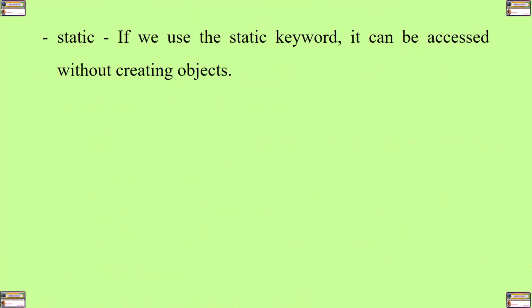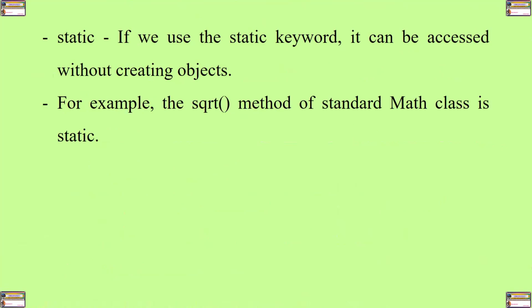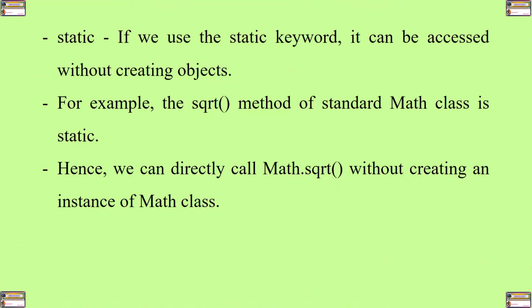Static simply means that if you use the keyword static, the method can be accessed without creating objects. Or that method will be accessible without the need to pass through objects. For example, the square root method of the standard Math class is static.